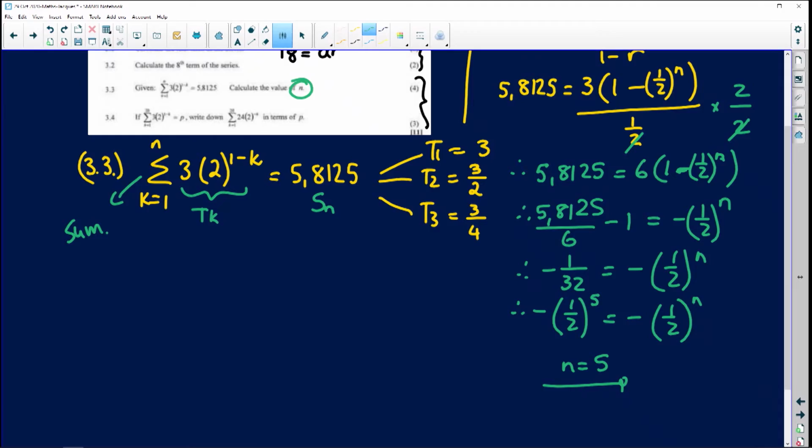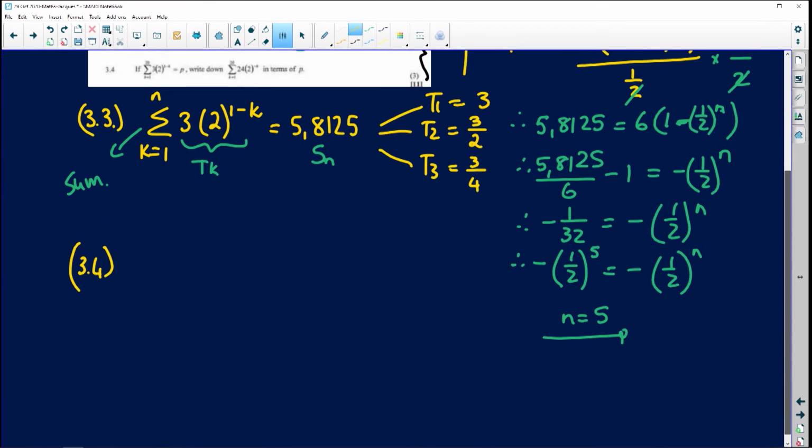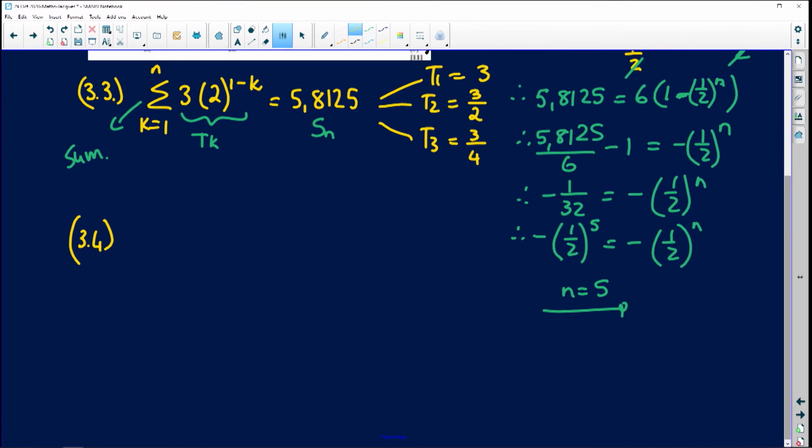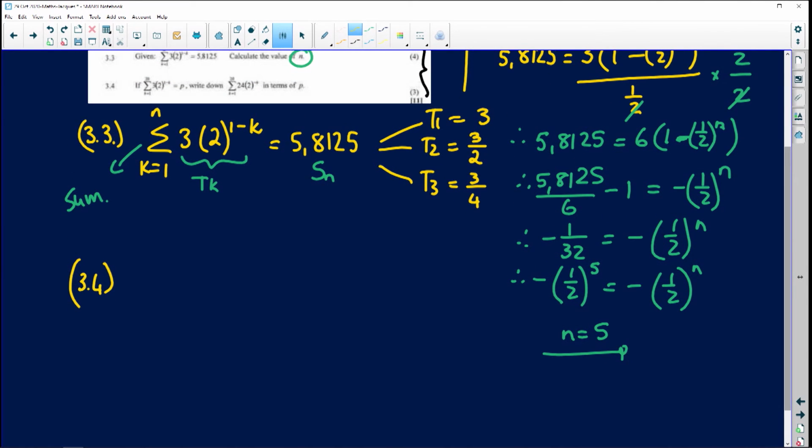Now for the second part, 3.4. I loved this part. Let me just make space for us here. Where's the question? It's up there. Okay, I need to write this down.